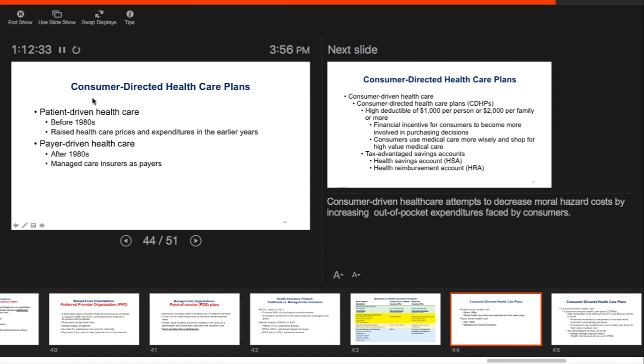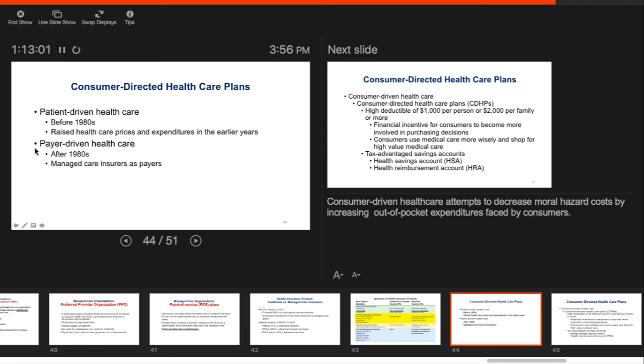Looking at before and after the 1980s, we see that consumer-directed healthcare plans existed before the 1980s. It was patient-driven healthcare, which was the reason healthcare costs and expenditures increased tremendously.